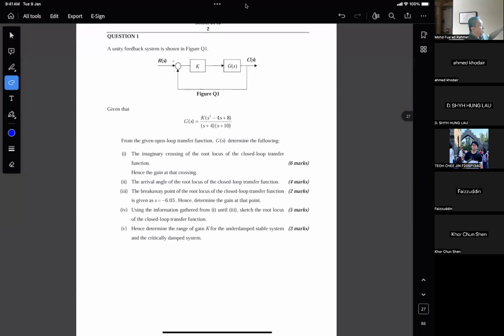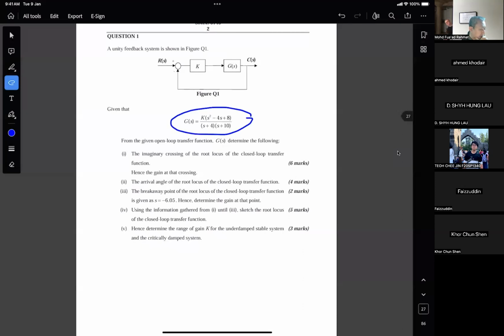Analogy feedback system is shown in figure 2.1. Given that G(s) equals K(s squared minus 4s plus 8) over s(s plus 4s plus 10). For the given open loop transfer function, we have determined the following: the imaginary crossing of the root locus of the closed loop transfer function and the gain at that crossing; the arrival angle of the root locus; the breakaway point of the root locus, given as s equal to negative 6.05, and determine the gain at that point.